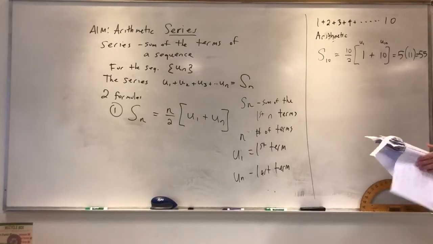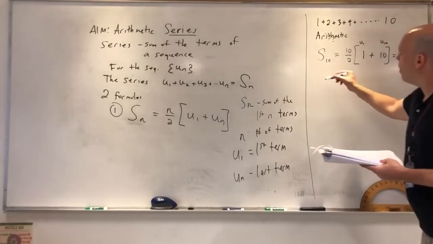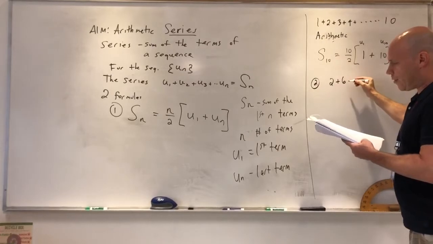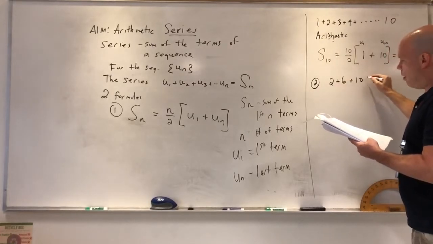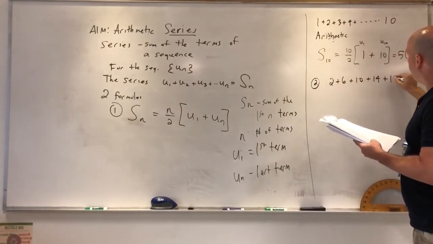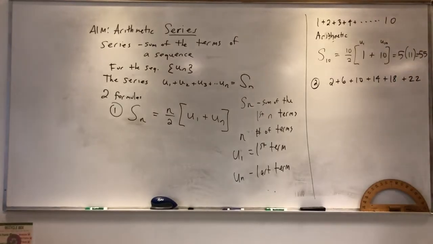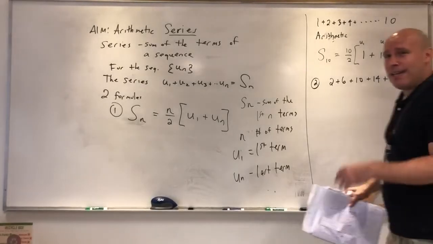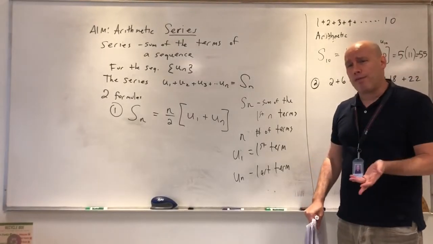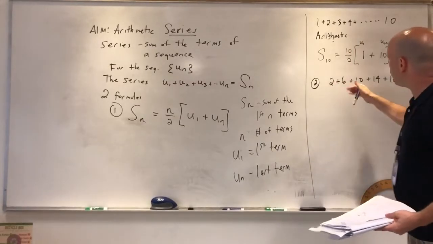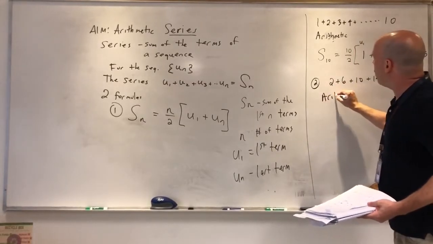Number 2: 2 plus 6 plus 10 plus 14 plus 18 plus 22. I might not need all the information I'm about to find, but I'm going to find it anyway. It's arithmetic.